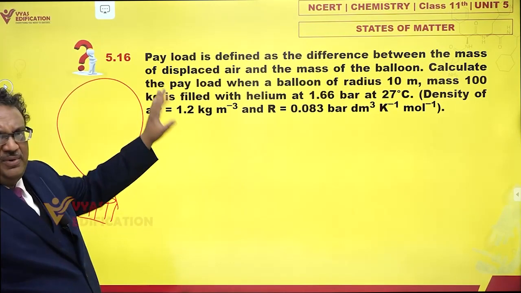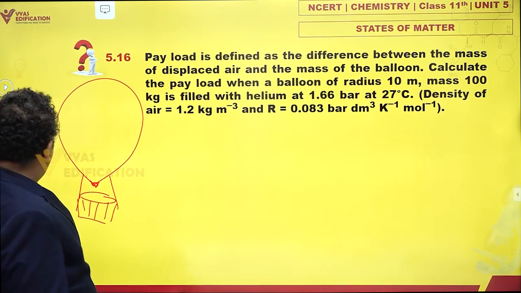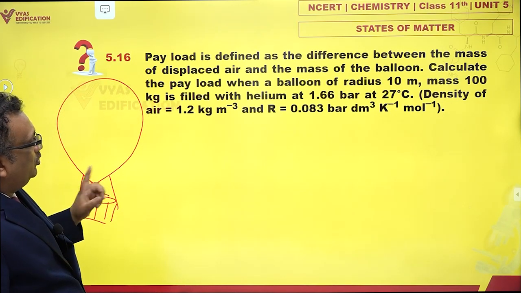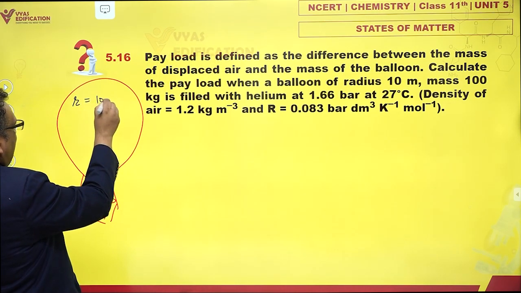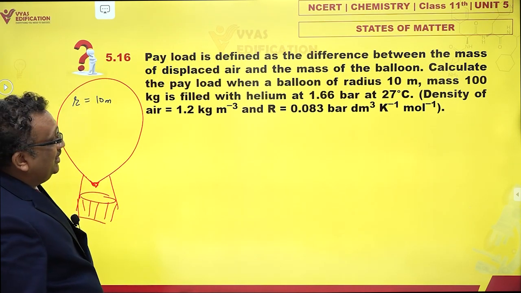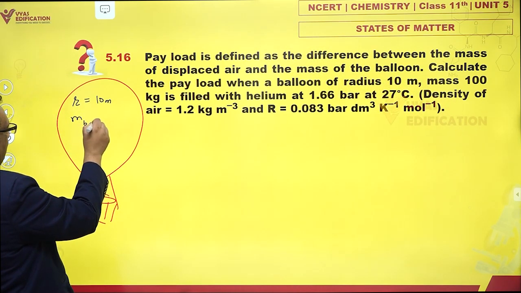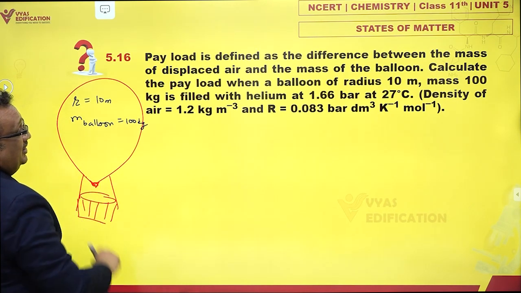They are giving you some kind of a feel for how you can calculate payload. We can do that. We don't need the gyan. Let's read the other part. Calculate the payload when a balloon of radius 10 meter. Now, we have radius of balloon is 10 meters, so it seems like a spherical balloon. Mass of balloon is 100 kg. Quite tremendous.